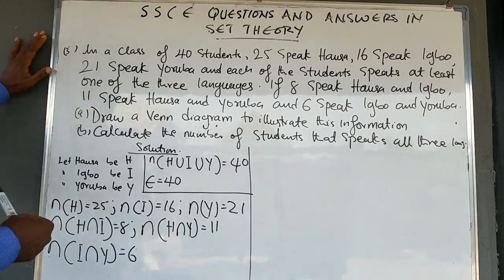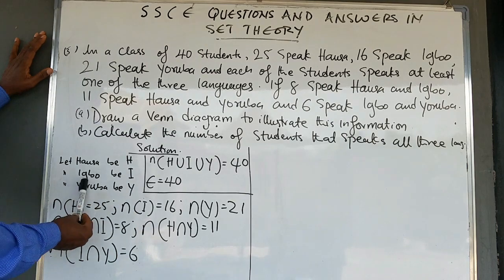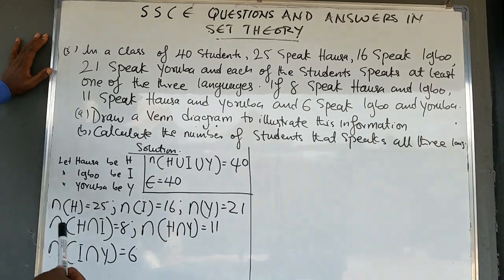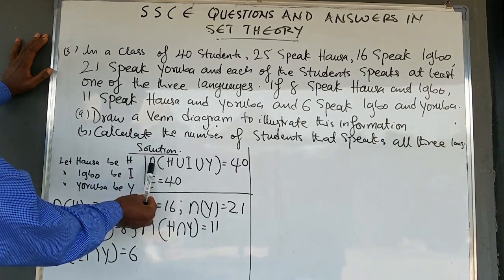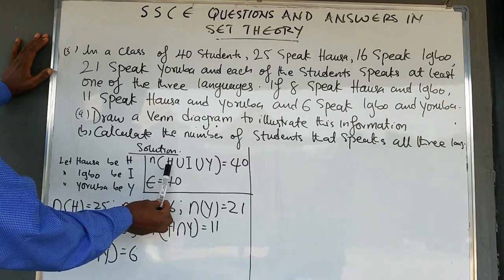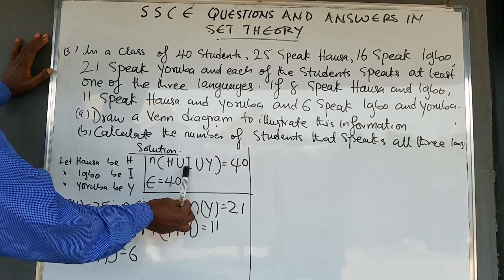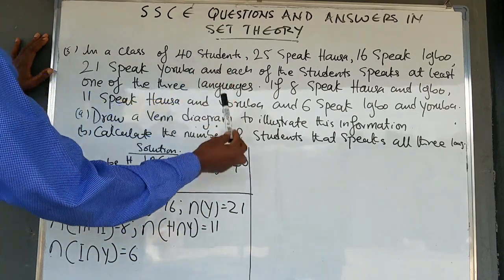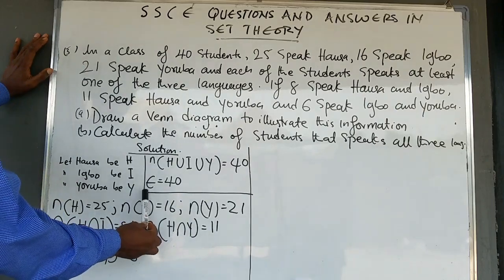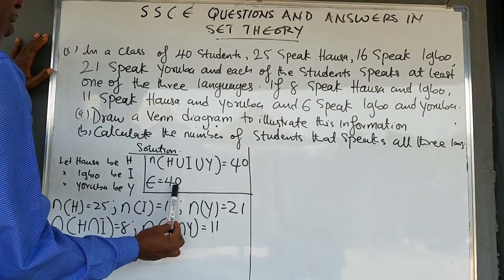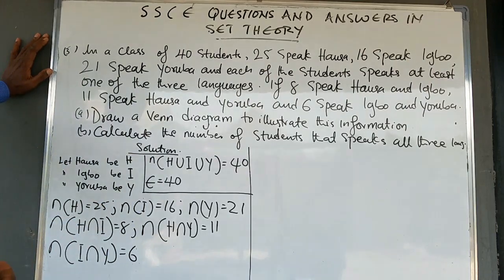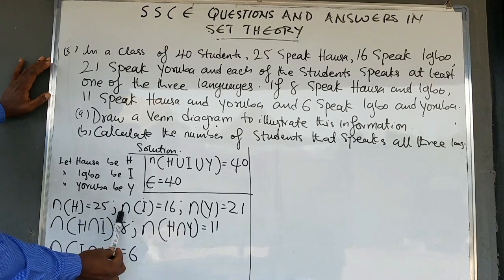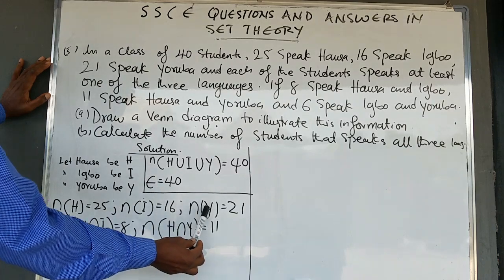First thing you do is let Hausa be H, Igbo be I, Yoruba be Y. Interestingly, this notation means number of sets. So the number of people that speak Hausa union Igbo union Yoruba, that means all of them put together based on the question, is 40. That means our universal set has 40 elements or 40 members. Then number of Hausa is 25, number of Igbo 16, number of Yoruba 21.